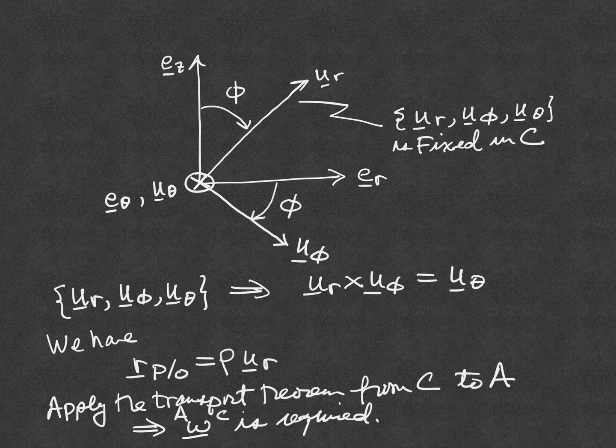If you look at this diagram, you'll see that omega CB, which is how reference frame C rotates relative to reference frame B, is equal to phi dot times u theta. So now we can use these two pieces of information together to figure out the angular velocity of reference frame C as viewed by an observer in reference frame A.